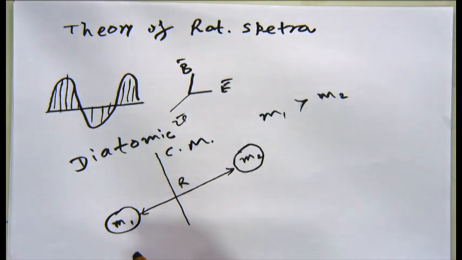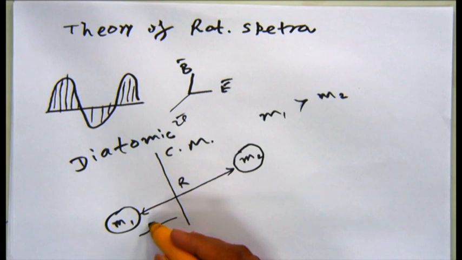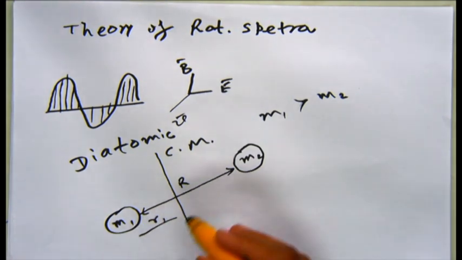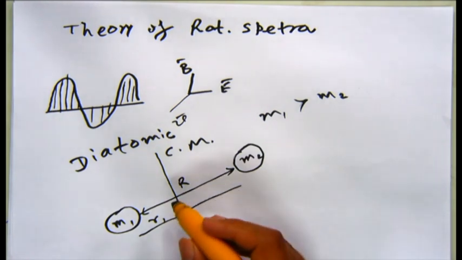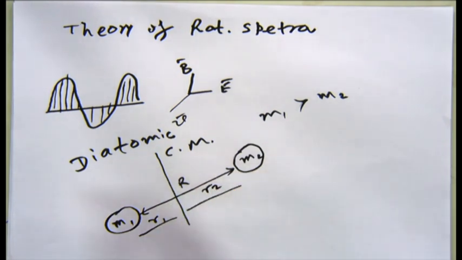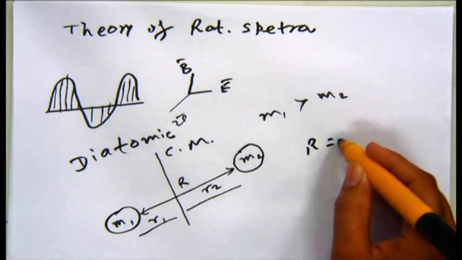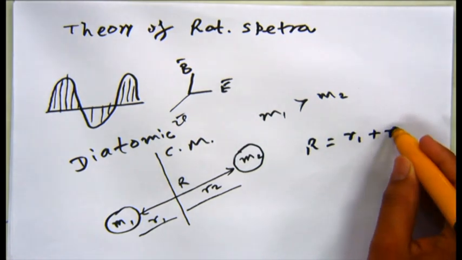Now distance is measured from the mass m1, and this distance from mass m1 to the center of mass is represented by r1. The distance from the center of mass to the mass m2 is represented by r2. So from this figure we can say that r is equal to r1 plus r2.